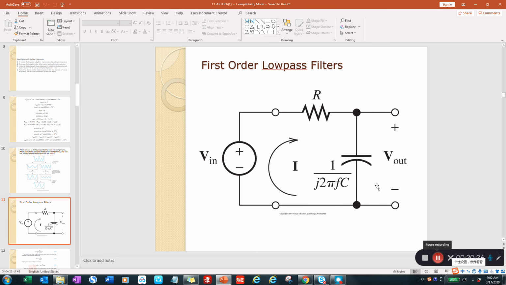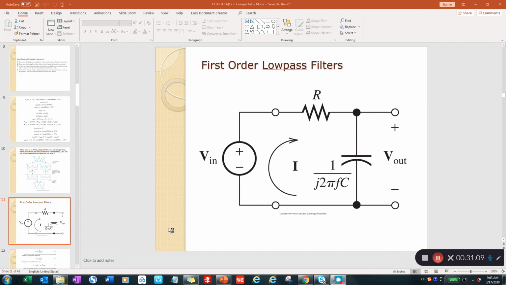Then we can determine if we want to pass through the frequency or if we want to get rid of this frequency component. This is the low pass filter, meaning the low frequency signal can pass through, but the high frequency signal will be gotten rid of. When I say get rid of, in fact, it means we reduce the amplitude so that we can ignore that signal.